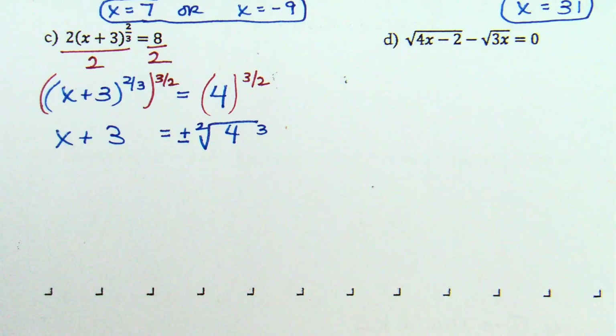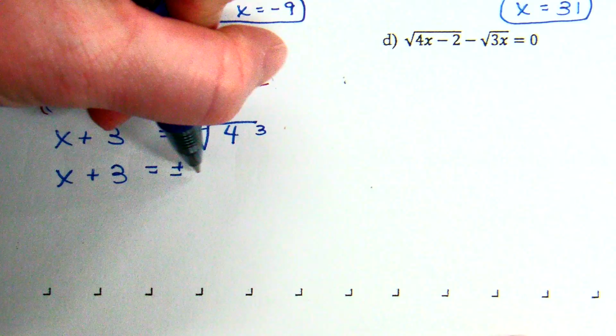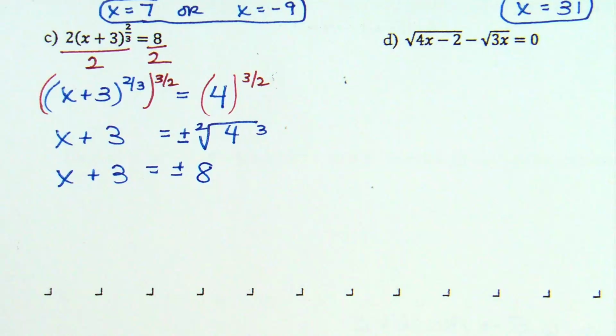Okay, x plus 3 equals plus or minus square root of 4, which is 2, raised to the 3rd power, which is 8. X plus 3 equals plus or minus 8. How do I finish it?